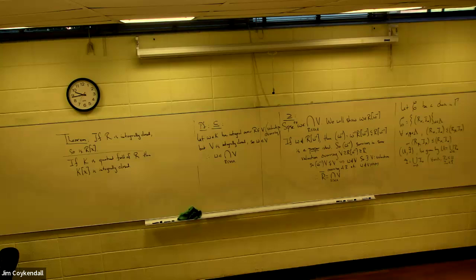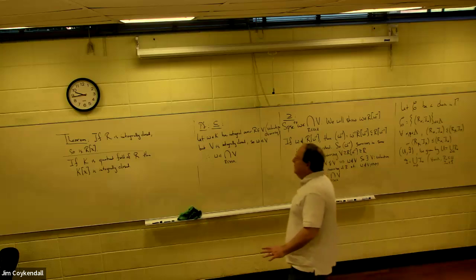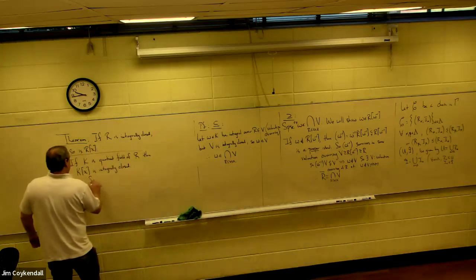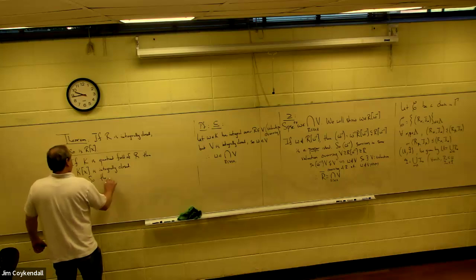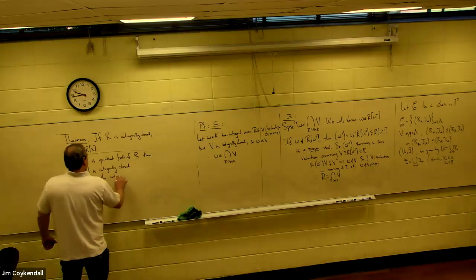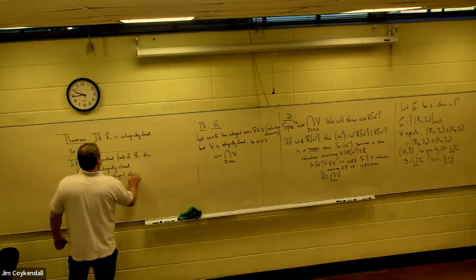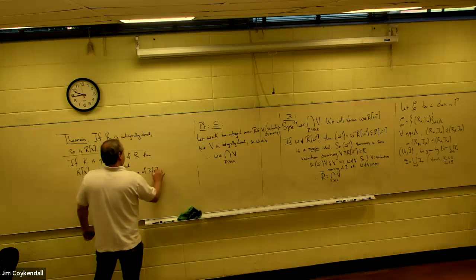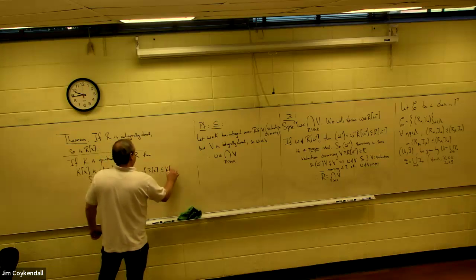They're always integrally closed. In fact, they're even completely integrally closed. But here's the point: the integral closure of R[x] must be contained in K[x].